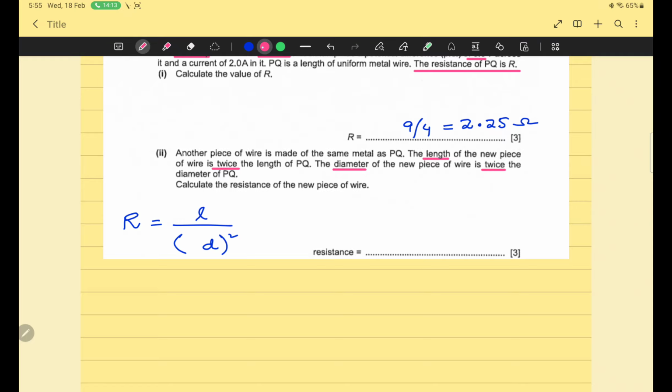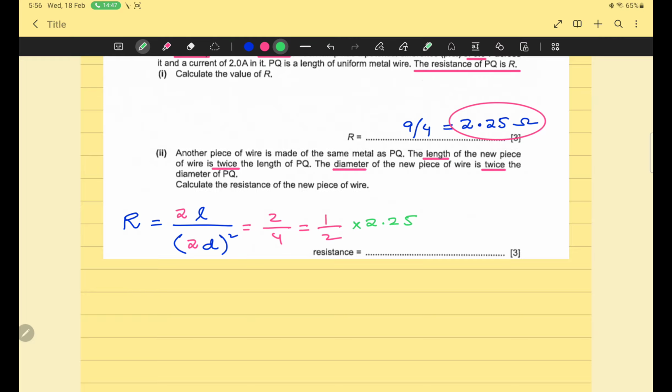It is the original formula. In this question, sir, length is doubled, diameter is doubled, so it becomes 2 upon 4. It becomes 1 upon 2. It means this resistance will be changed by 1 upon 2. And if you calculate 1 upon 2 of 2.25, then what is the result?